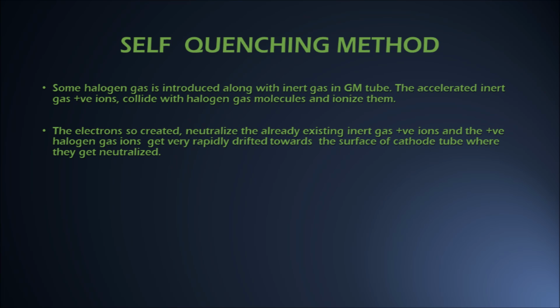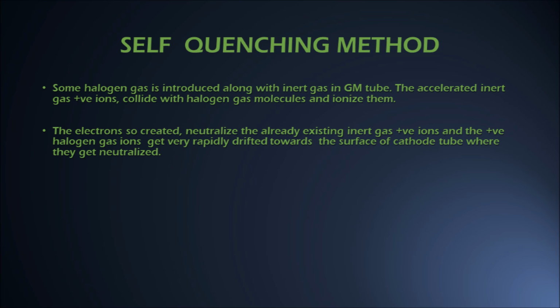In this method, some halogen gas is introduced in the GM tube. The accelerated positive ions of inert gas collide with halogen gas molecules and ionize them.